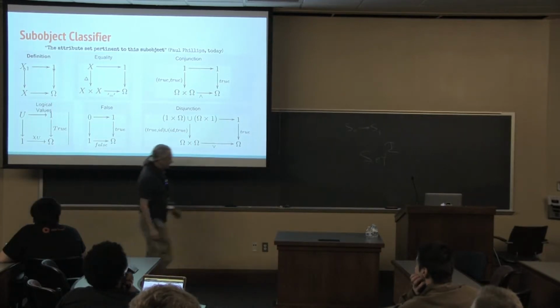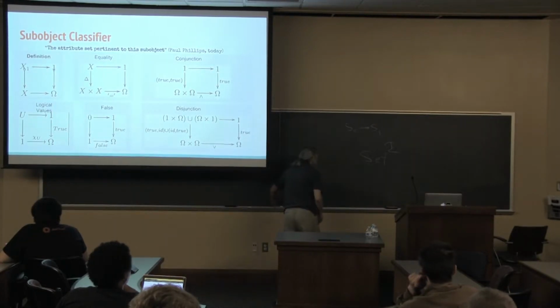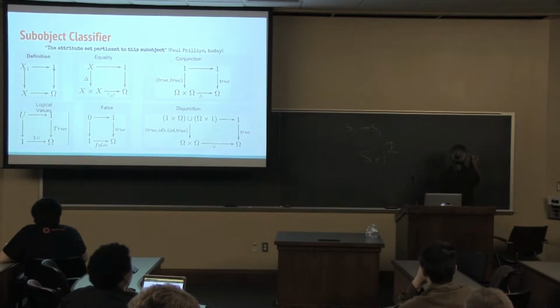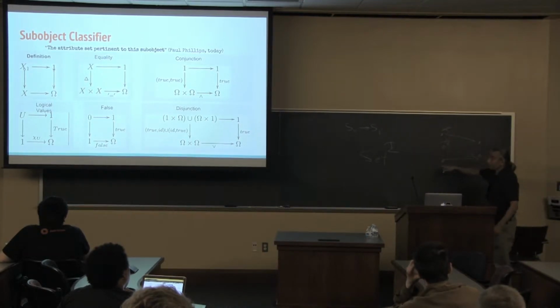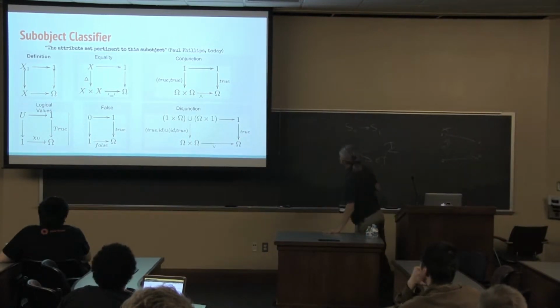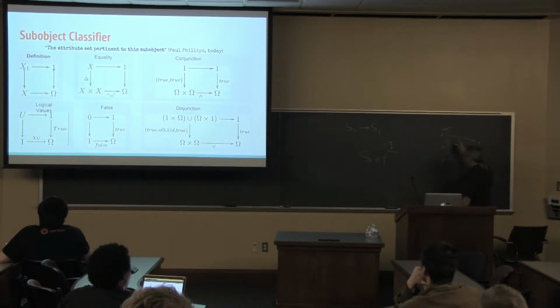Remember we had omega, with this being truth, this a question mark, and this false. Which points do we have there? One always true, another always false, and the question mark.